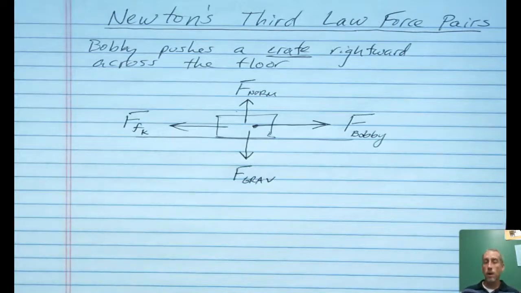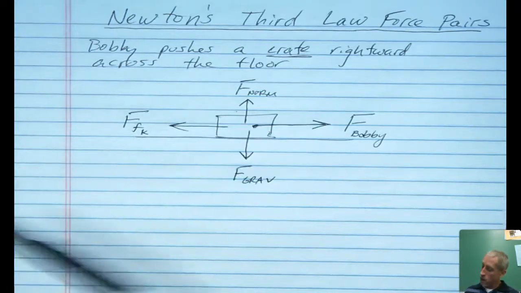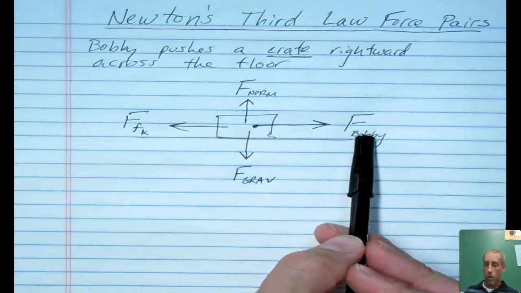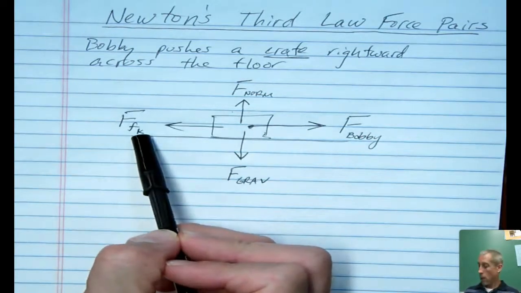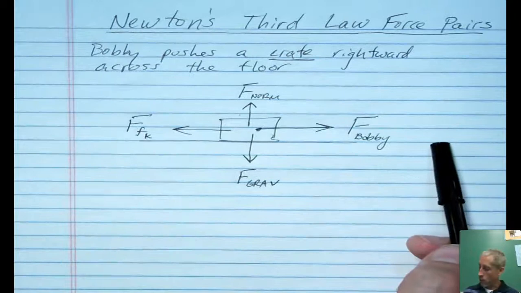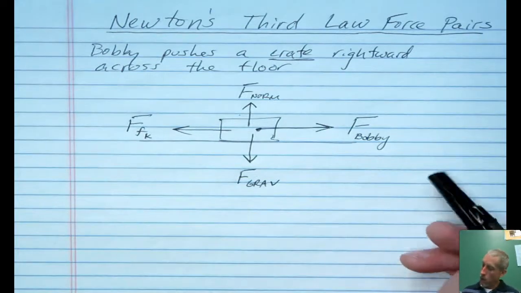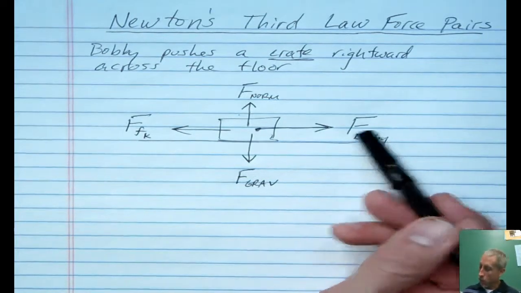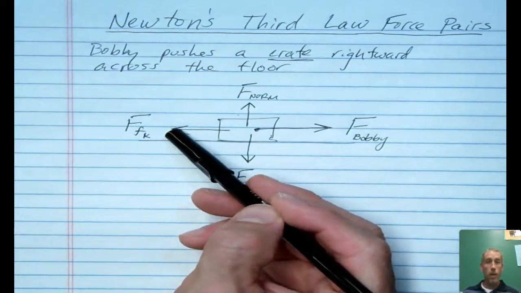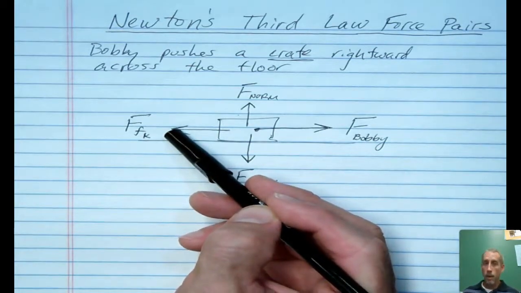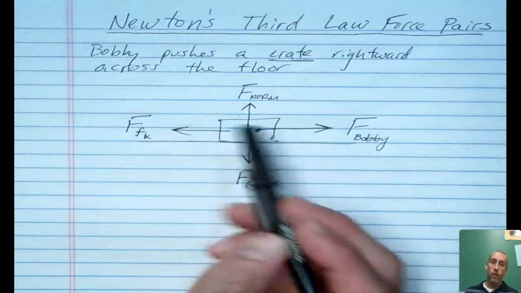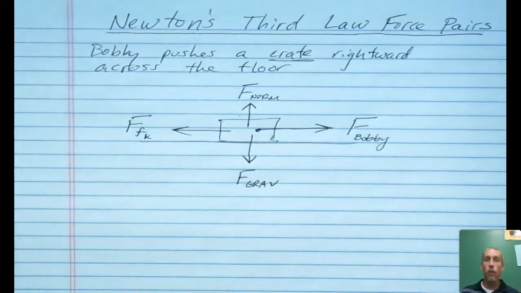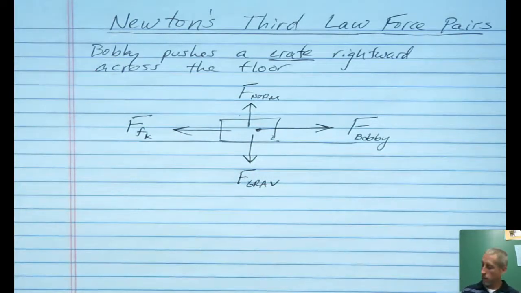And let me show you what I mean by a second law force pair. If this object is accelerating across the floor, it's because either Bobby's force is bigger than the force of friction, in which case it's probably going to get faster as it moves rightward, or maybe Bobby's push is smaller than the force of friction, and this object is getting slower as it moves. But in any event, those two forces combined together make a net force in the horizontal direction.